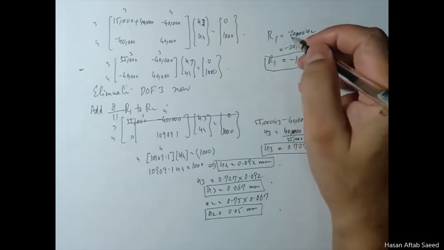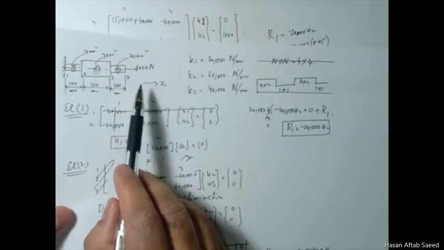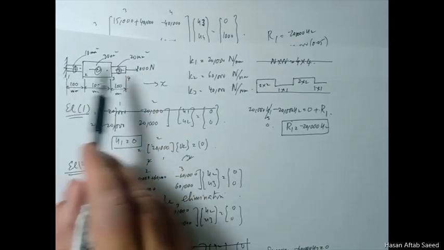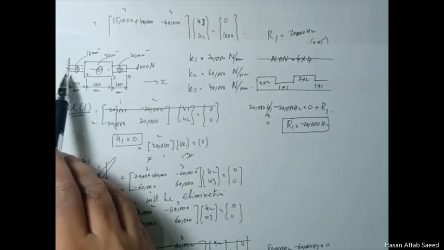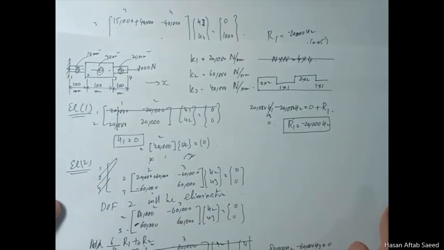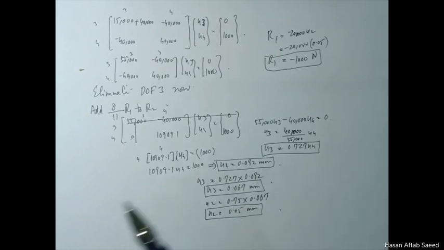Again, makes complete sense. This is 1000 plus, so there has to be 1000 in the negative direction for this system to be in equilibrium, and that is the force in this direction that makes sure that u1 is equal to 0. That is a reaction force. So you have verified this also.